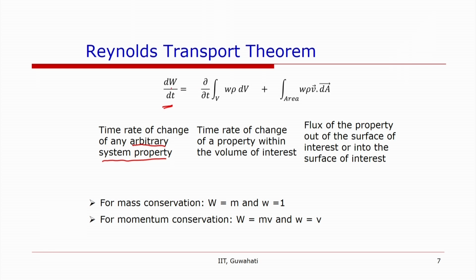Now, you have two W here, one is capital W and one is small w. So, capital W is the arbitrary system property, or any extensive property of the system, and small w is the intensive property of the system. So, small w is capital W per unit mass, or specific property. So, that is del over del t, the time rate of change of a property within this volume of interest.